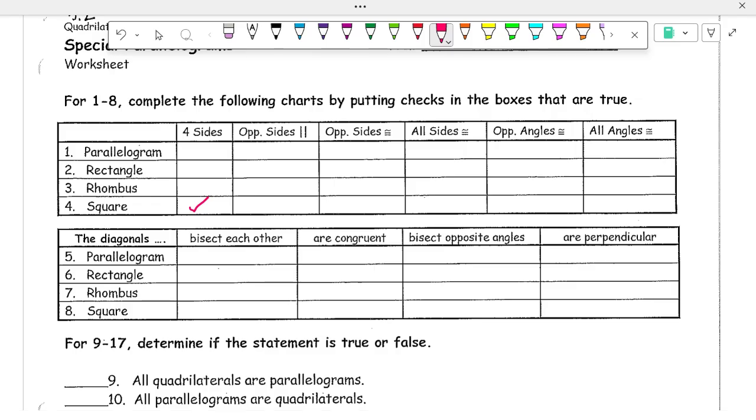This rectangle. We did rhombus. And I'm talking about a generic version of it.